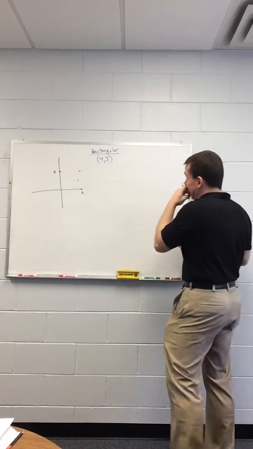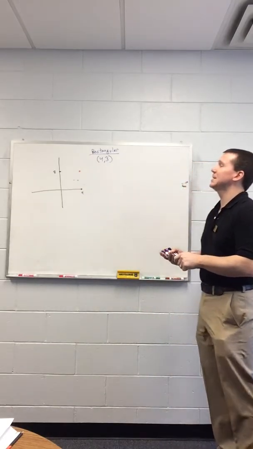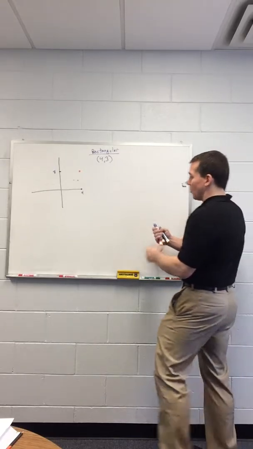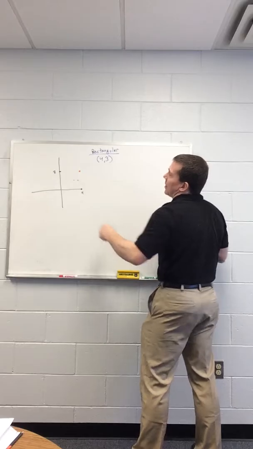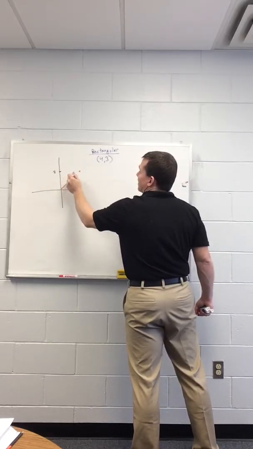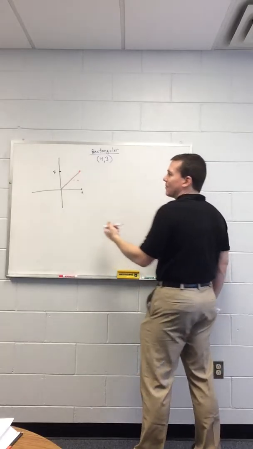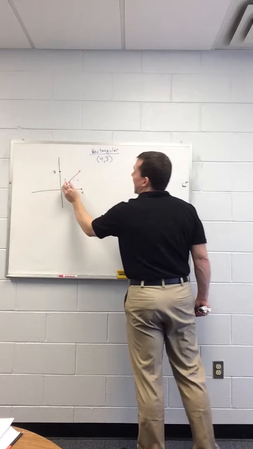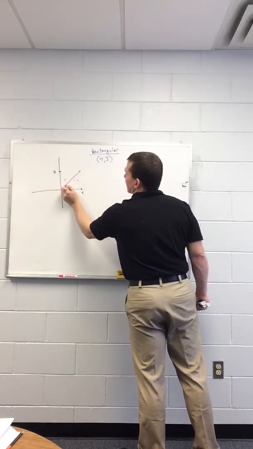Now I want to find the point in polar coordinates. Instead of the horizontal and the vertical, I need to find this distance right here. We call it a radius, r. And then I need to find an angle, this angle right here, theta.